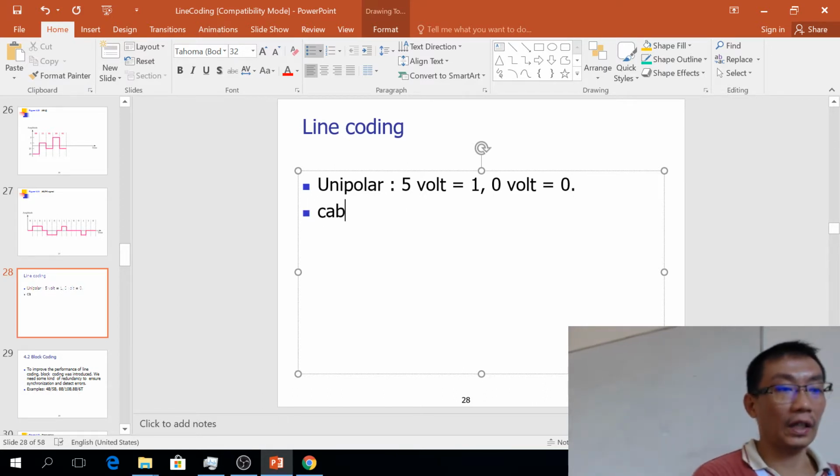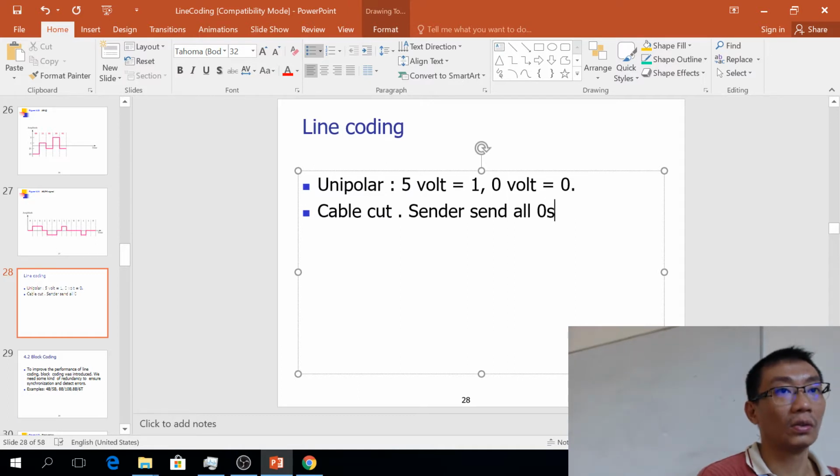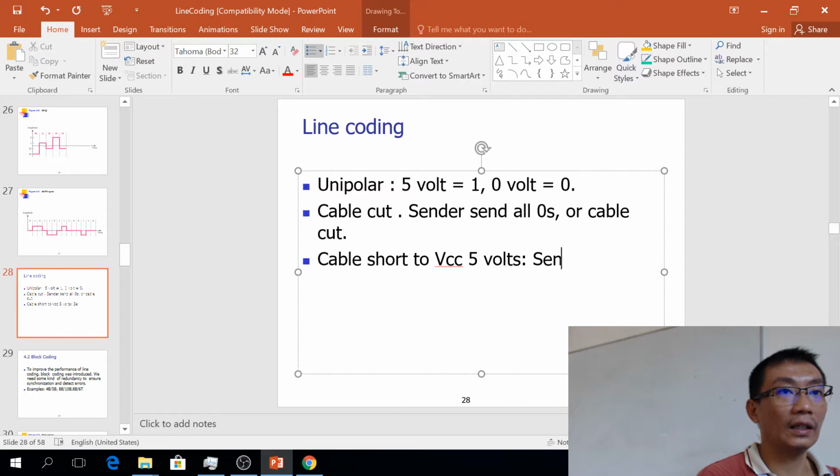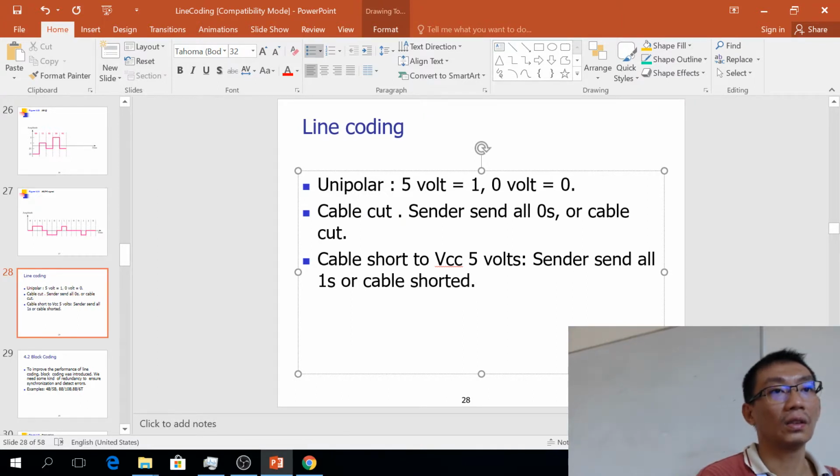If let's say you have a cable cut, does it mean the sender sends all 0 or the cable is cut? Or you have a cable shorted to VCC 5 volts. So is it the sender sending all 1s or the cable shorted? You also don't know.